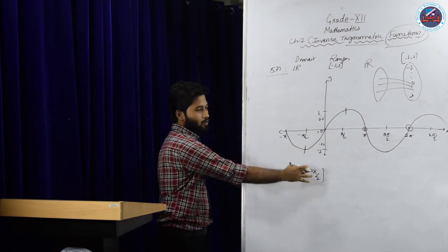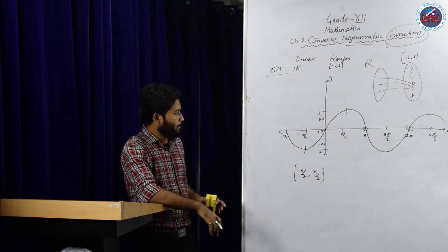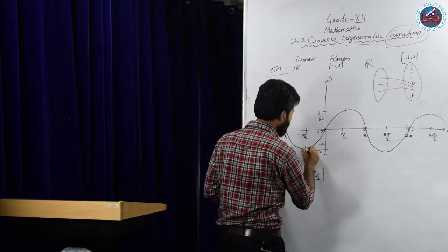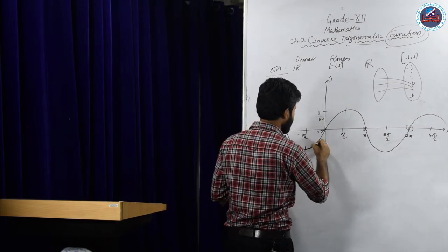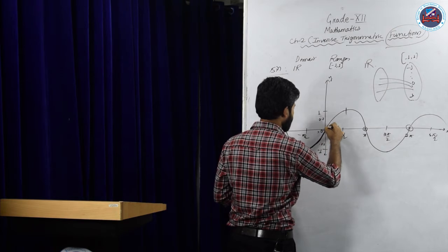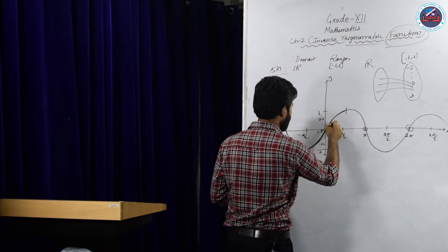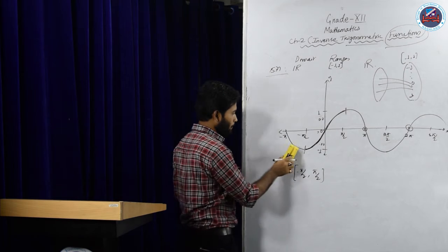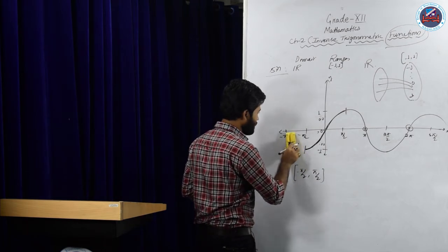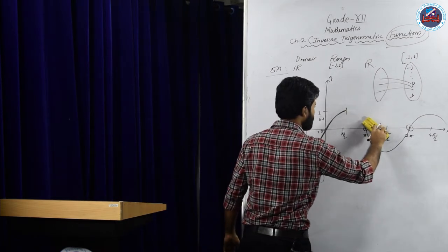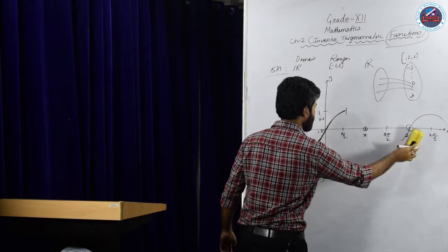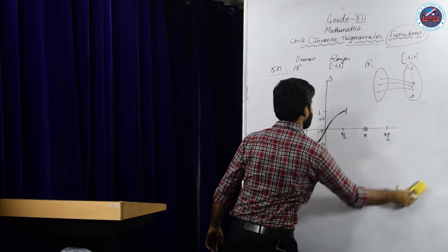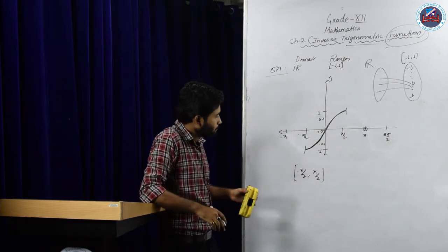Now this is our domain, that means the closed interval -pi by 2 to pi by 2. So our new graph will be the restricted sine function. The graph will be from here to here. Now, let me remove this part. So this is our new graph.